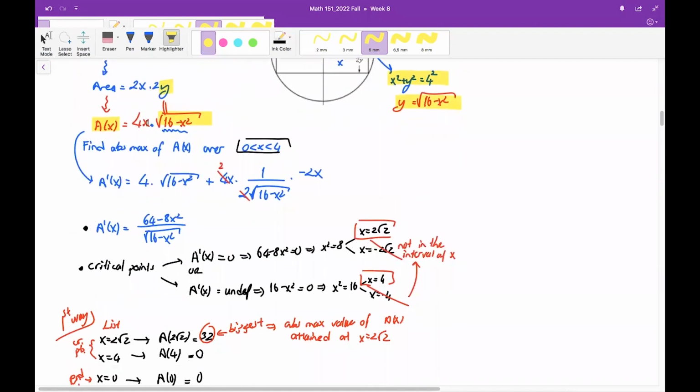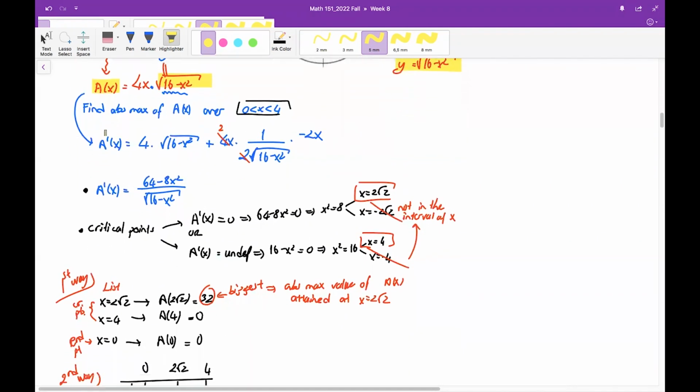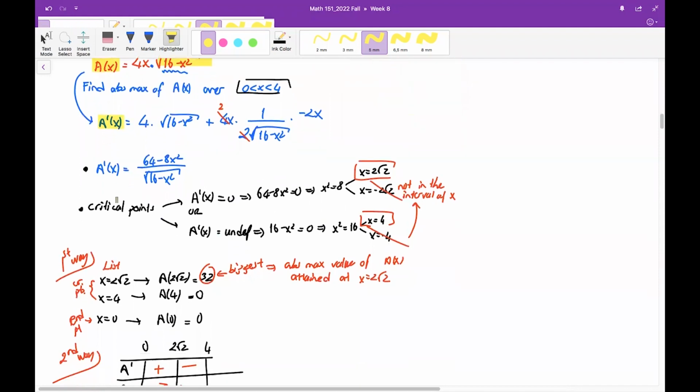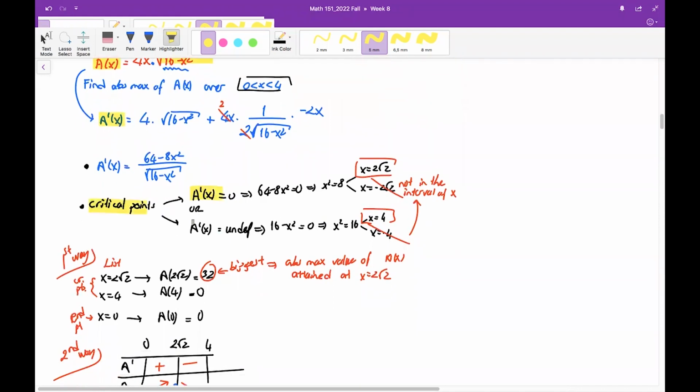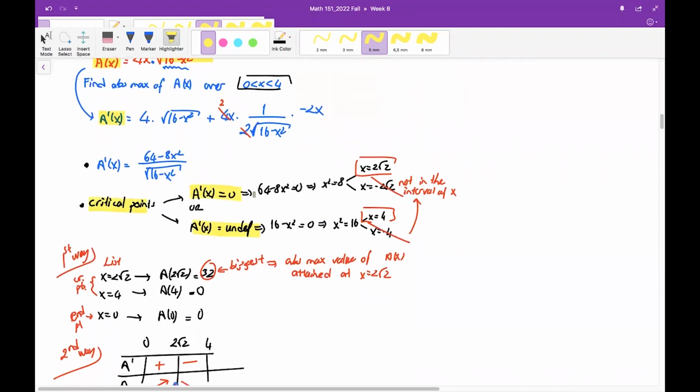Okay, after creating your single variable function, the next thing is finding critical points. To find the critical points, you have to compute the first derivative and then search for the critical points by searching for these two cases.